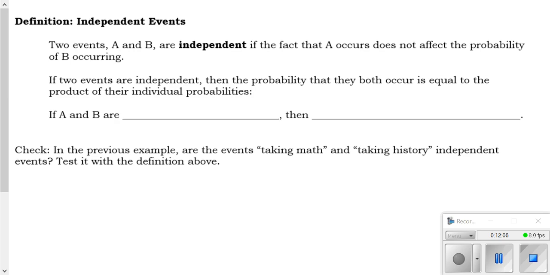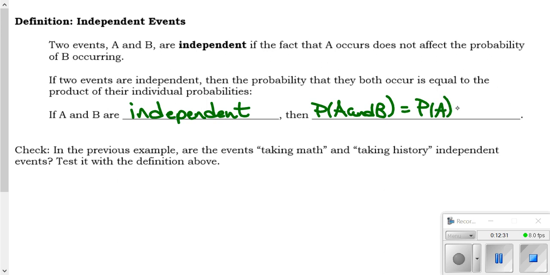So if two events are independent, then the probability that they both occur, you can just find by multiplying them. Okay, so here I'm going to write this out. If A and B are independent, then it has to be true that the probability of both of them happening is the probability of event A happening times the probability of event B happening.